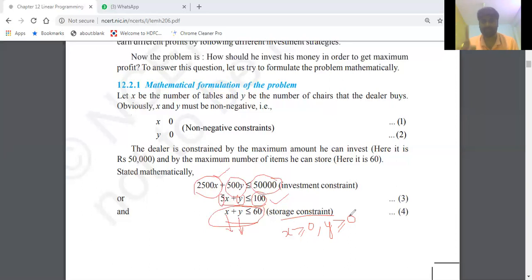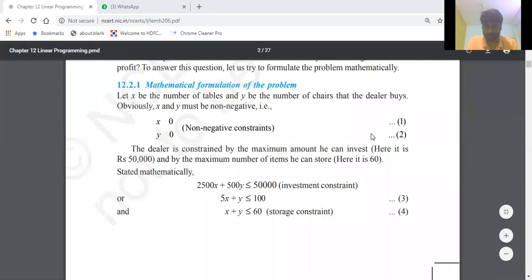That is compulsory because the number of items cannot be negative. It means the graph will always be obtained in the first quadrant. X positive, Y positive, obviously we get the graph in the first quadrant. That is the common nature of the problems in this chapter. Shall we go forward? Let us move on.